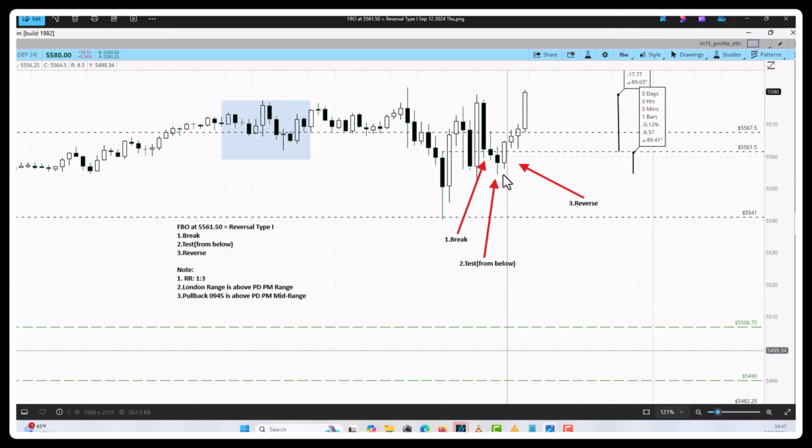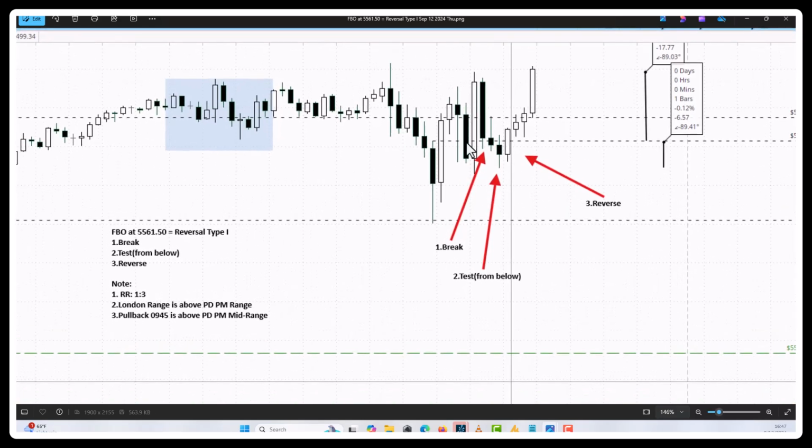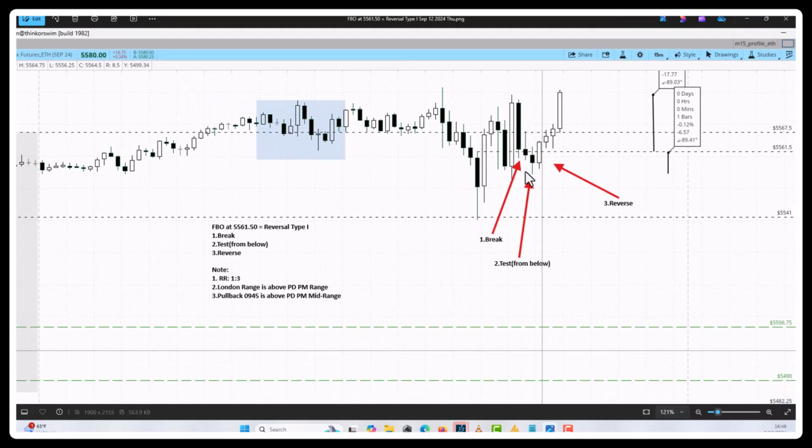You have break, test from below. You see how perfect it is. This candle range right here, beautiful. You mark the high of that candle. You can see clearly the setup forming right there. It breaks.